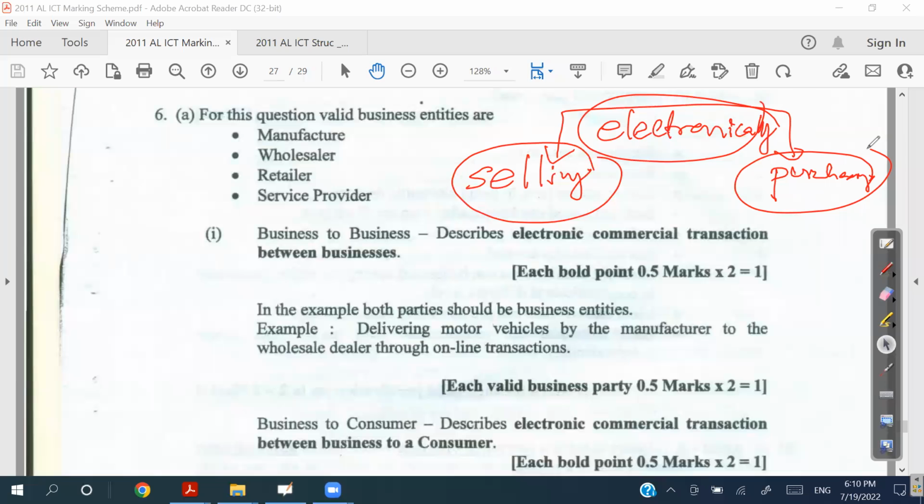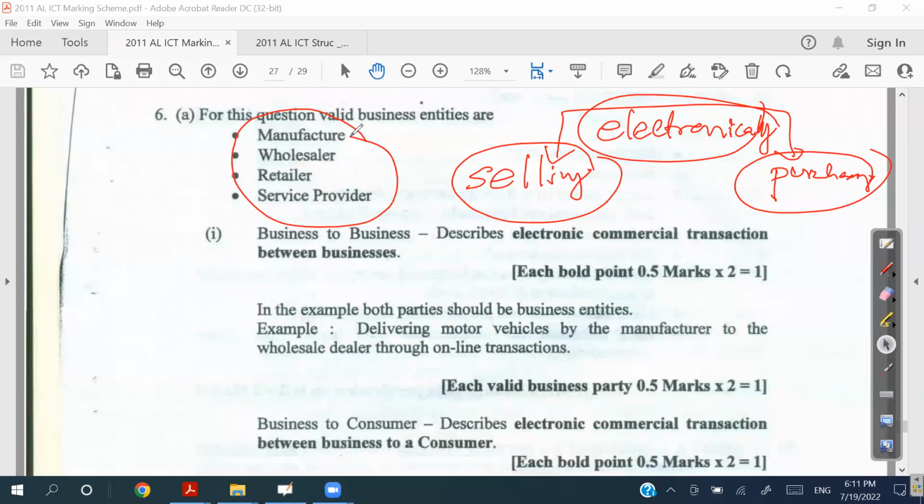That is why they have given these kinds of terms. Manufacturer, it's a business. Wholesaler is a kind of business. Retailer is a kind of business. Service provider is a kind of business, right? So in other words, you can take supermarket, manufacturing company, garment, kinds of things, right? Again, it describes a business entity, right?